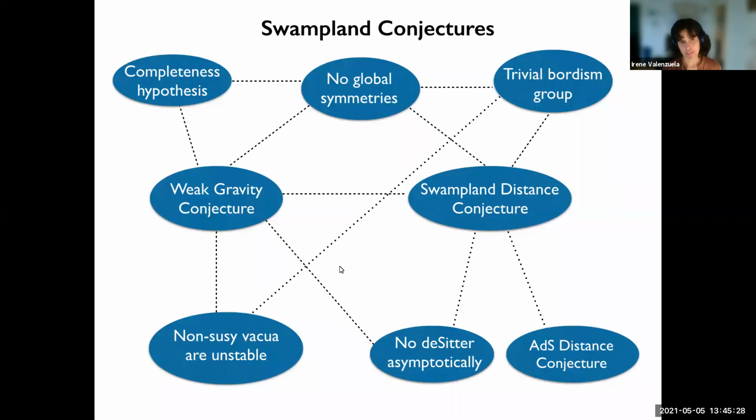So there are many ways to make it consistent. It could even be consistent that we live in a quintessence era, but I put the word asymptotically to show this, and I will explain it. I'm going to focus on what evidence we have and precisely which statements are supported and not just conjecture. The evidence that we have for the absence of de Sitter comes from the asymptotic regions of the field space. That's what I will explain.